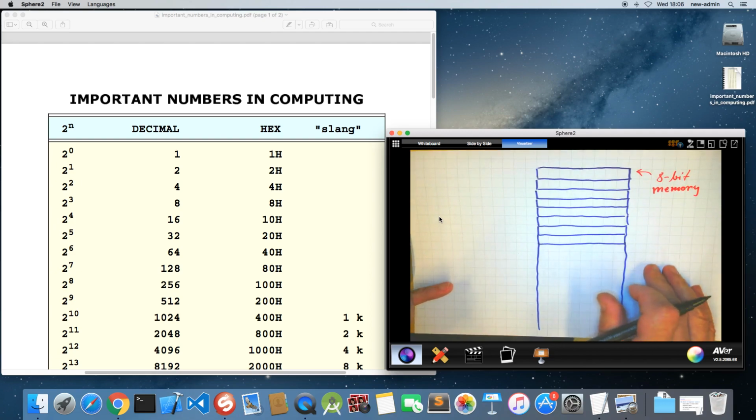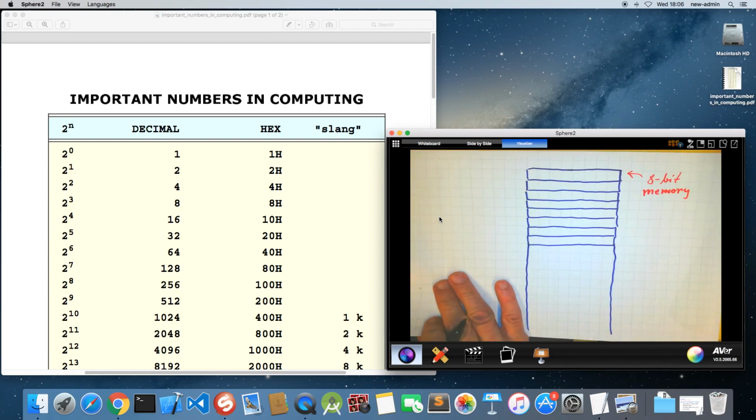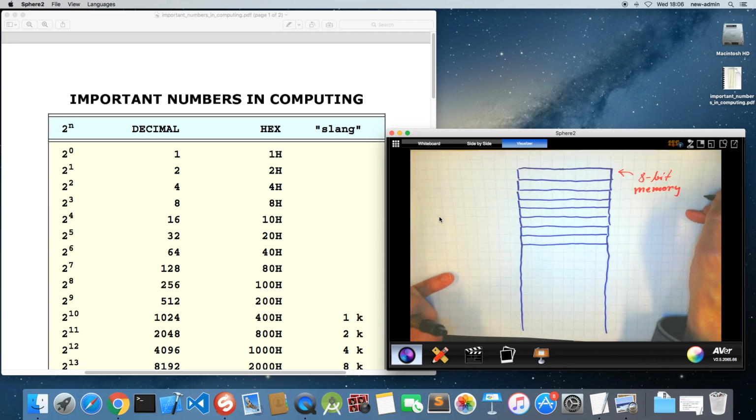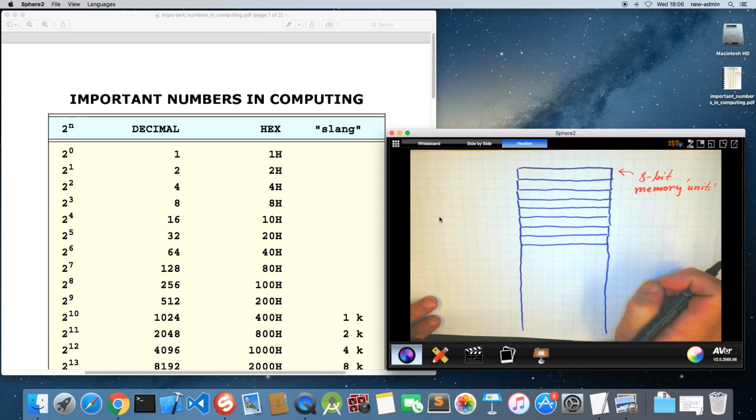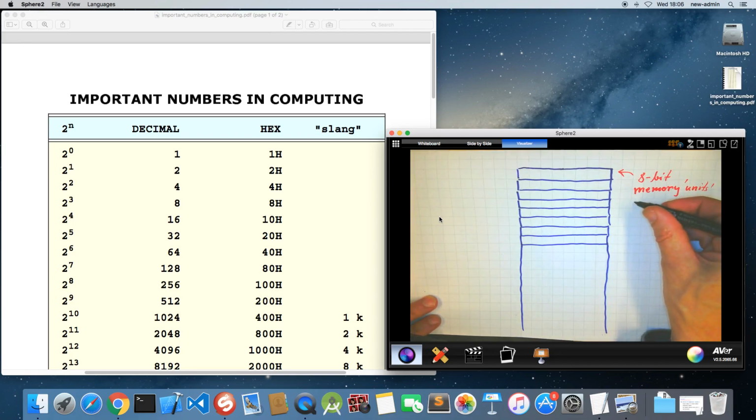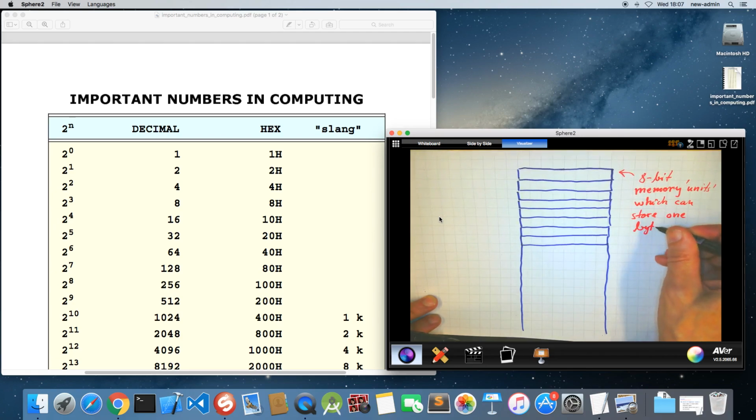Or we could say that they are memory units, 8-bit memory units which can store one byte of information.